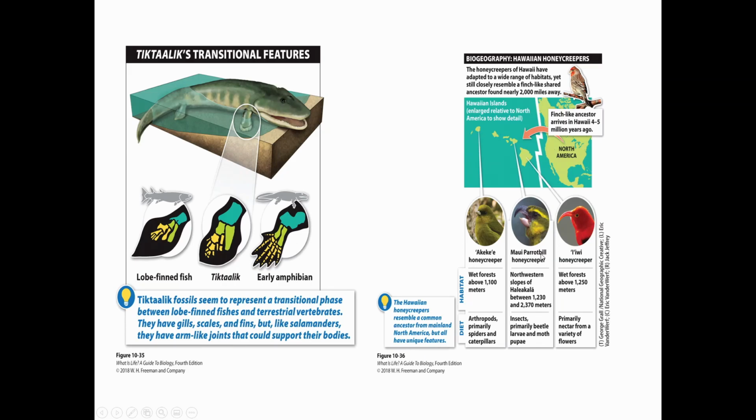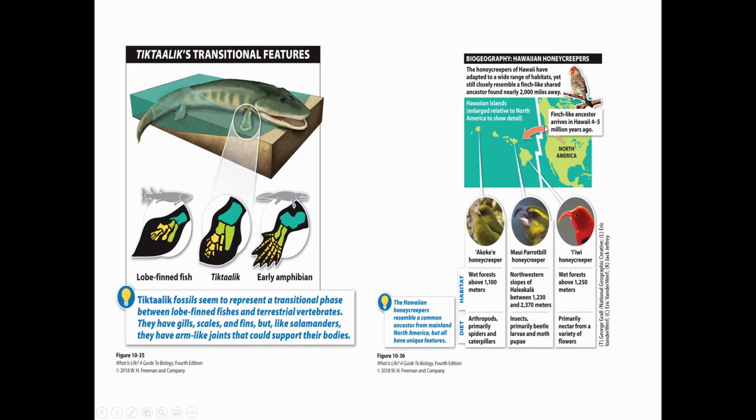The Maui parrotbill honey creeper lives at an even higher elevation and eats insects, but we're looking more at larvae, and so it has something that can maybe dig those larvae out. And then the iiwi honey creeper is living at even higher elevations, and its diet is nectar from flowers. And so you see how this beak is better suited for getting nectar out of a flower versus getting insects like spiders.